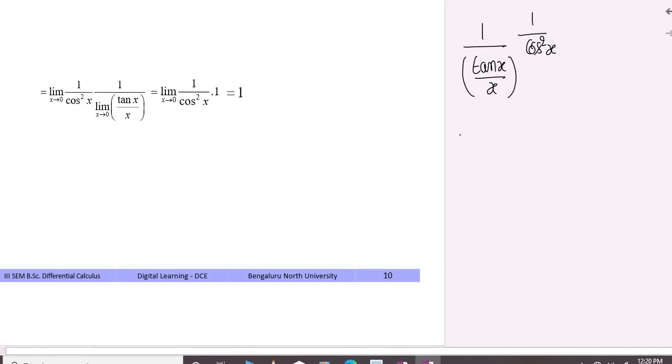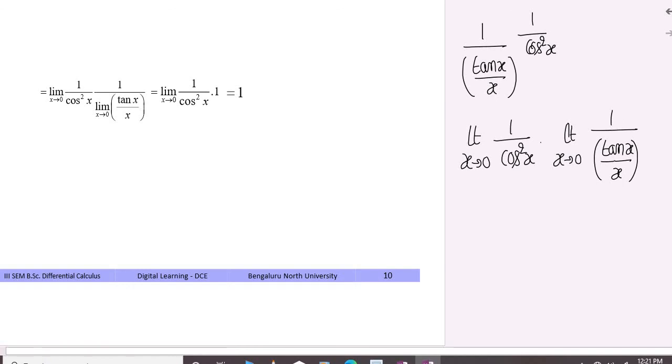Now substitute x tends to 0 limit. Then limit x tends to 0 of 1 by cos square x into limit x tends to 0 of 1 by tan x by x. We know that limit x tends to 0 of f of x by g of x equals limit x tends to 0 of f of x by limit x tends to 0 of g of x.